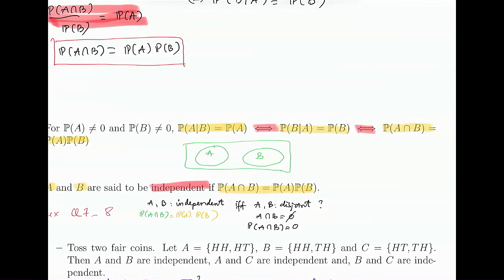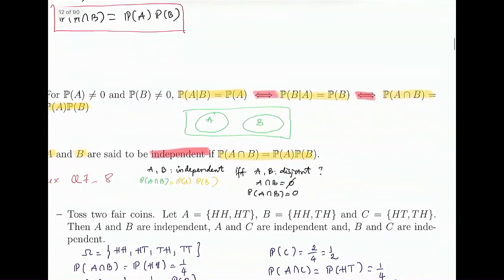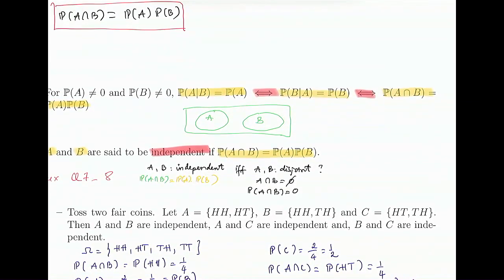Just use the definition. Check whether the probability of A intersect B equals the product of the probability of A times the probability of B. But what is the sample space in this case? The sample space omega is head-head, head-tail, tail-head, and tail-tail.